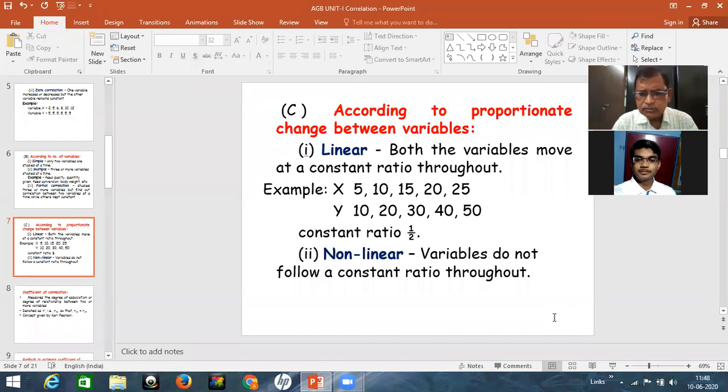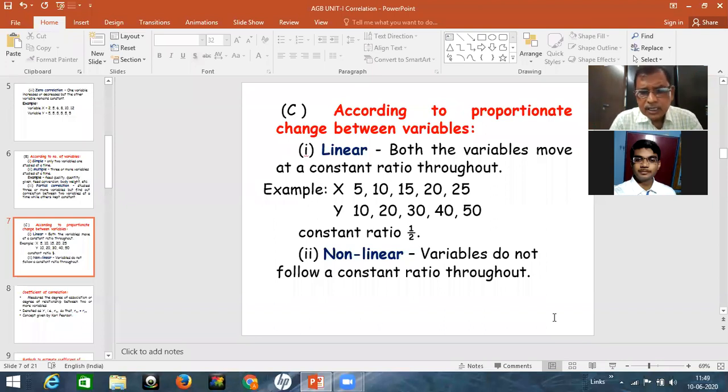The corresponding values of y are just double those of the x variable. So it maintains the constant ratio of half from beginning to end. This type of correlation is called linear. Linear means it will maintain a straight line when you put the values on the graph paper.